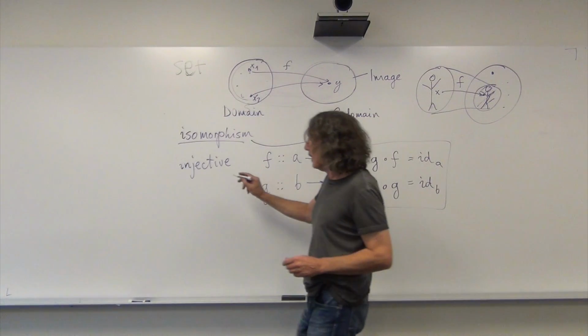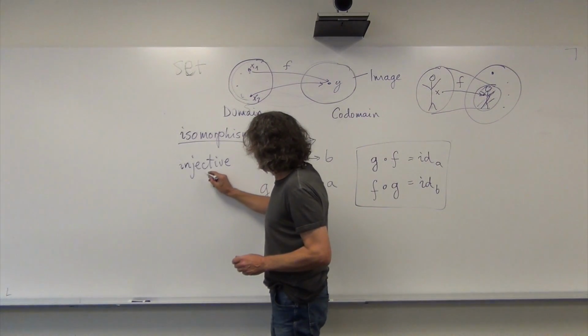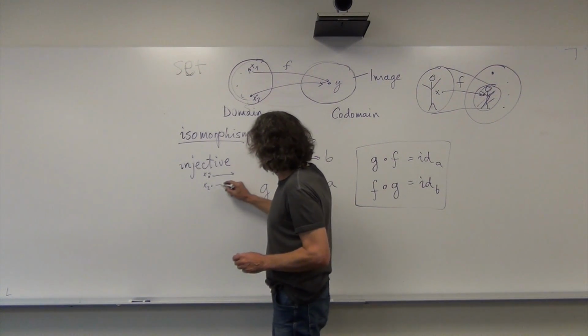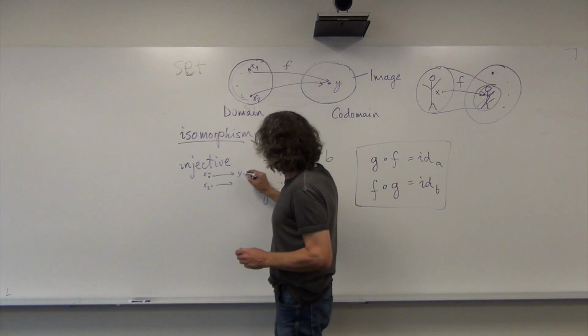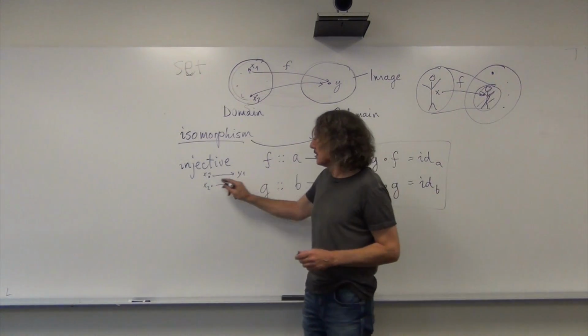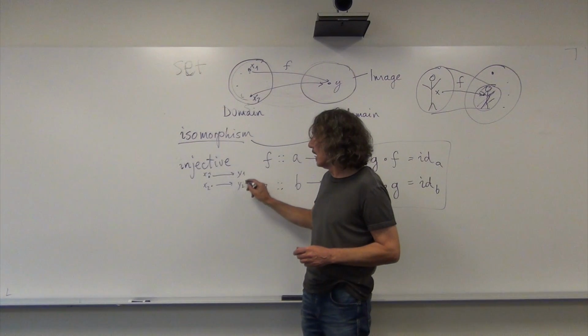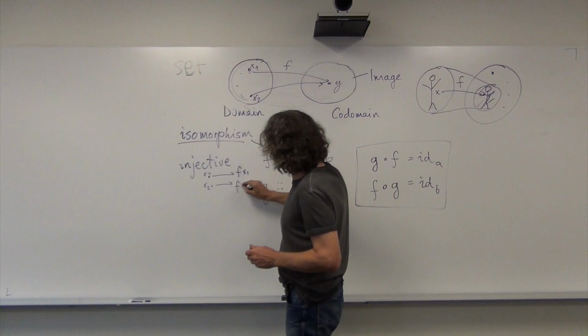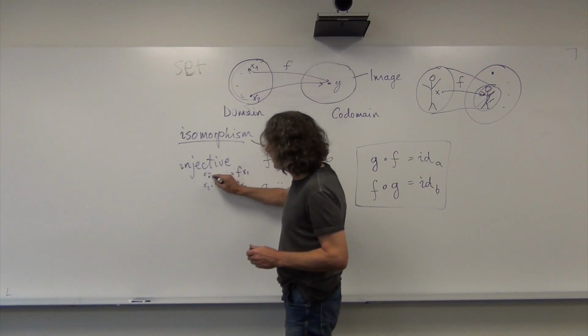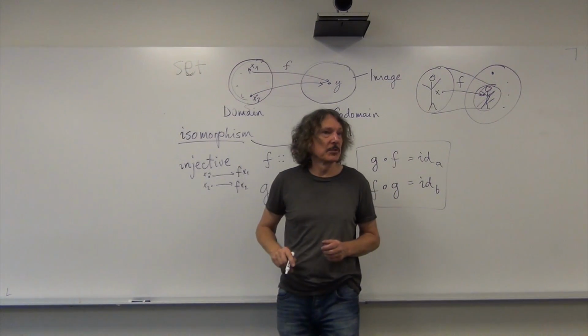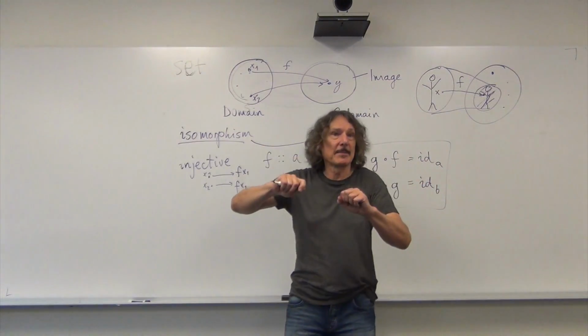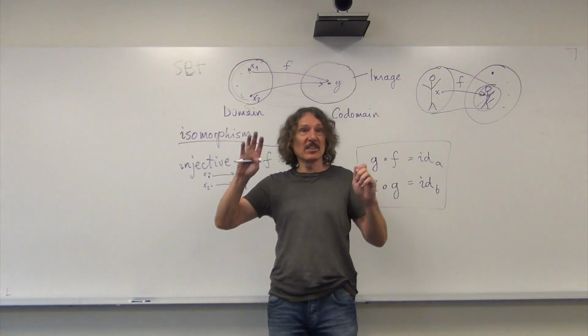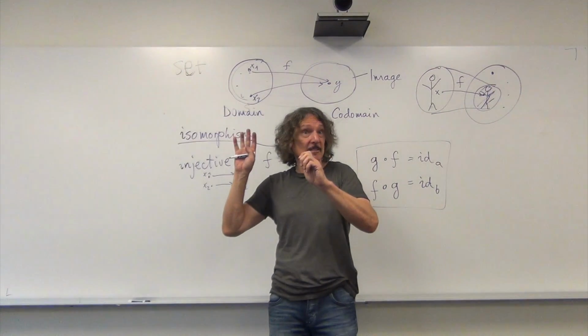So if you have two different x's, x1 and x2, and you map them with the function, then you will always get f(x1) and f(x2) that are different. So if these guys are different, then these guys are different too, which means it's not collapsing anything, right? It's just injecting the thing as is, right?